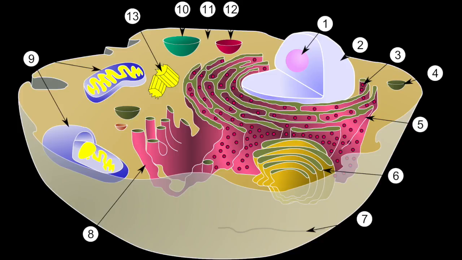They form extensive networks in some cells and produce a tough, flexible framework that supports the cell. Microfilaments also help cells move. Microfilament assembly and disassembly is responsible for the cytoplasmic movements that allow cells, such as amoebas, to crawl along surfaces.